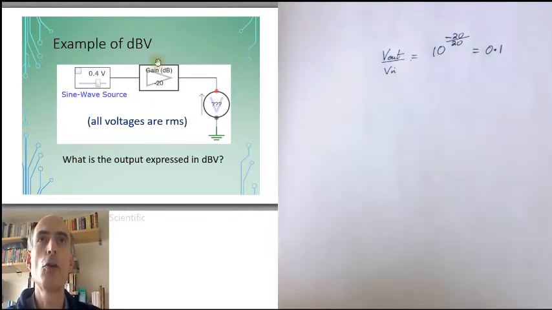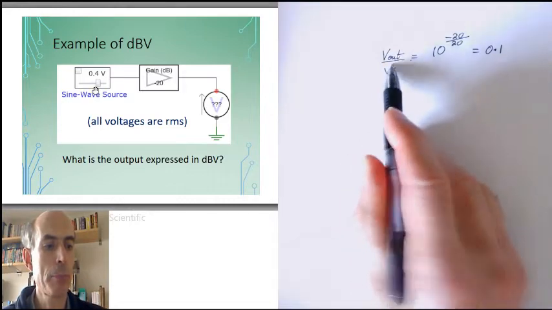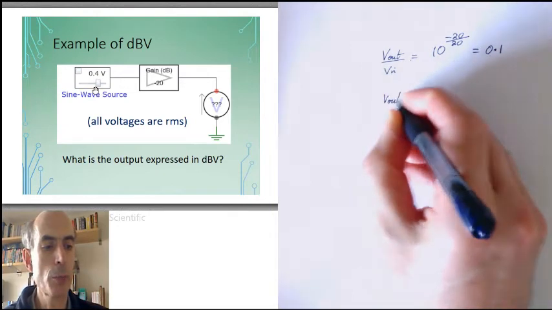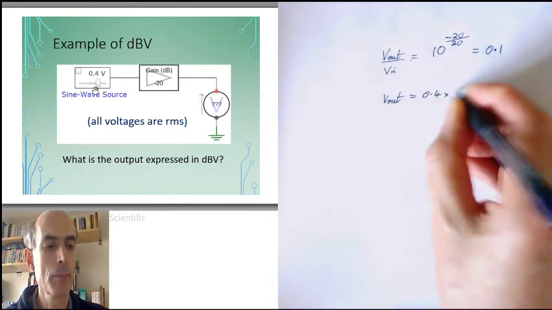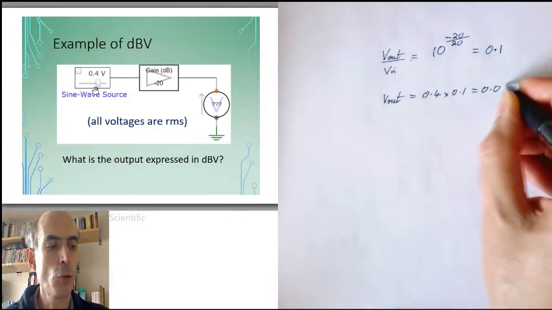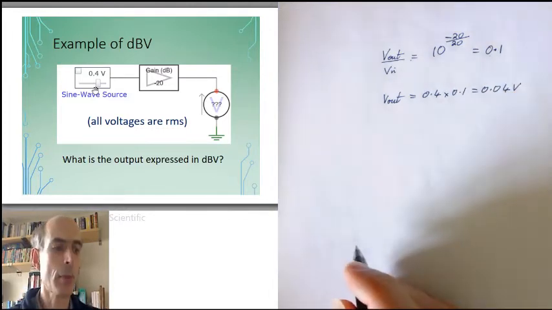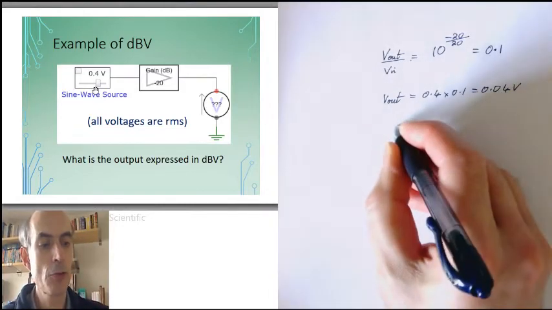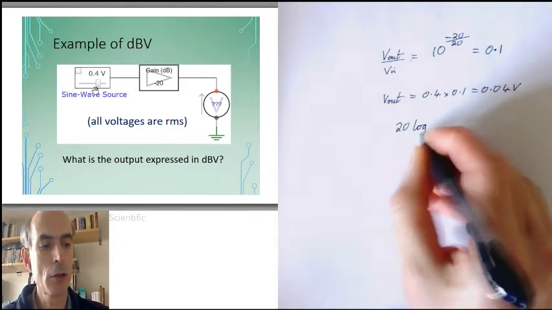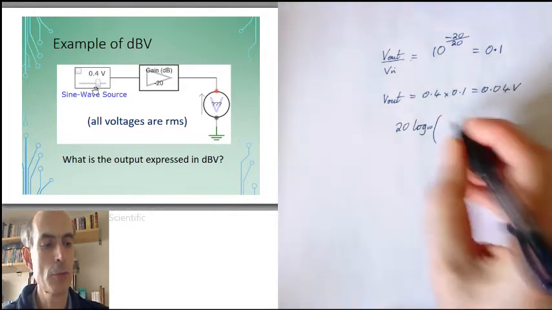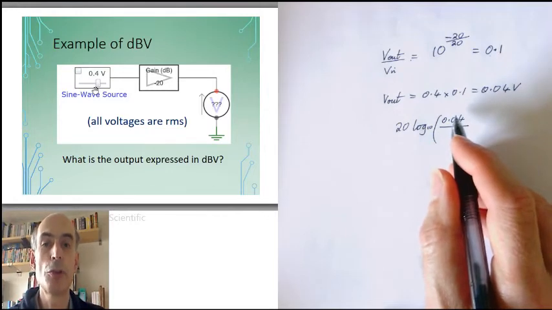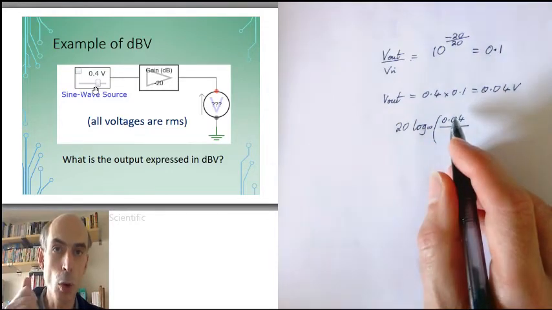So if we have a 0.4 volt source and we put it through an amplifier with a voltage gain of 0.1, then we would expect our output voltage to be 0.04 volts. Expressing that 0.04 volts in dBVs means just taking 20 log 10 of our voltage, 0.04, divided by the reference voltage, which for dBV means 1 volt.